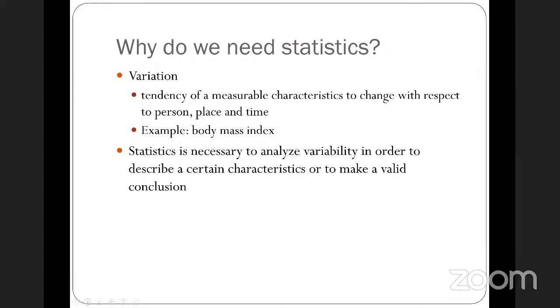Another example would be your body mass index. We will have different BMIs per person, per place in time, and depending on your nationality. And you will need statistics to analyze variability in order to describe a certain characteristic so that we make a valid conclusion.